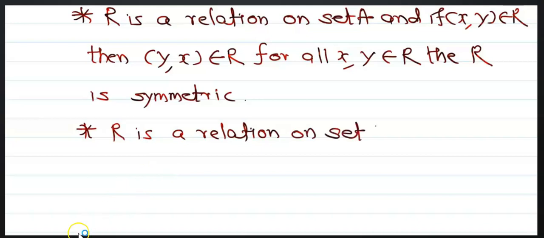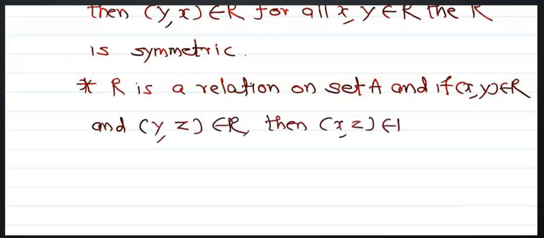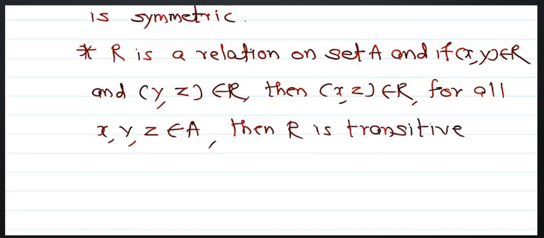R is a relation on a set A, and if (x, y) belongs to R and (y, z) belongs to R, then (x, z) belongs to R, for all x, y, z belongs to A, then R is transitive.